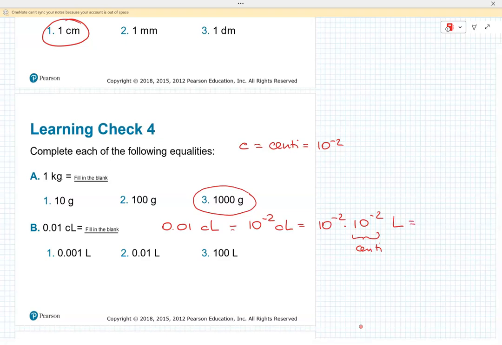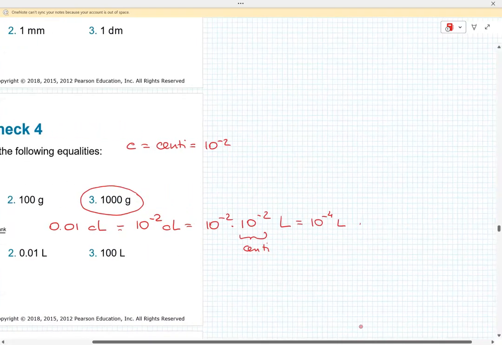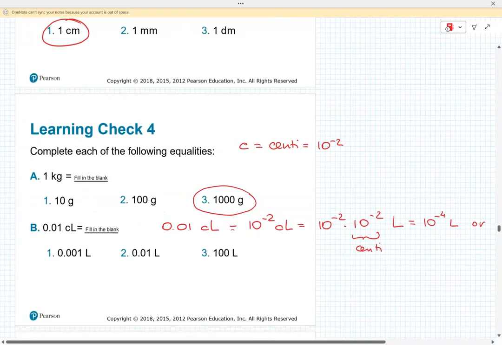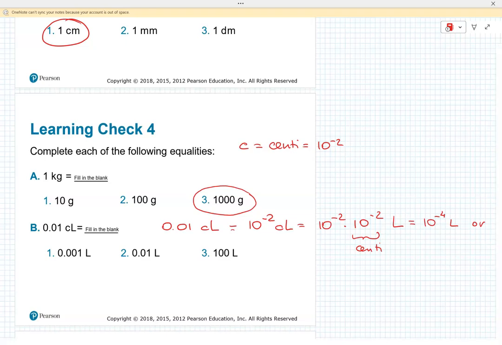That gives you what? 10 to the negative 4 liters, or this, but there's no such answer. One more time, we're moving on.